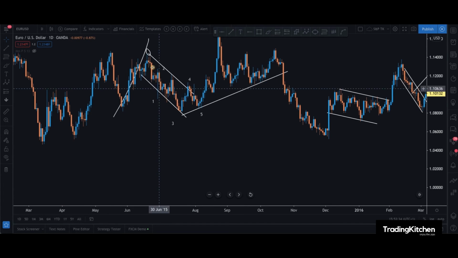I mean, 0.3 in a downtrend channel always has to be below 0.1. Okay, if it's not below, it's not 0.3.